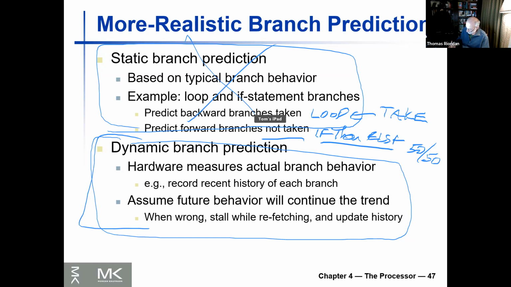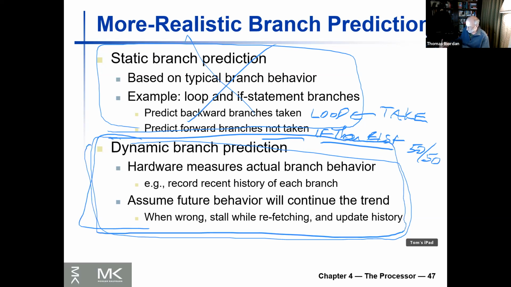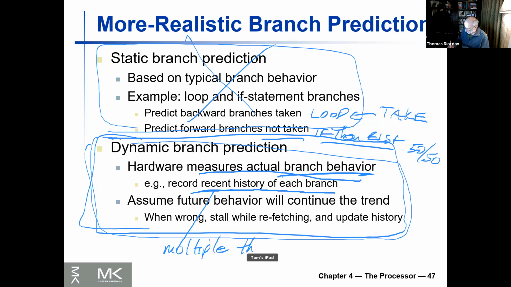In the real world, we're doing what's called dynamic branch prediction. So we have hardware that measures what the branches have done in the past. So they record history of each branch. And they record the history these days in a very sophisticated way. So it's not just recent history; it's multiple threads of recent history.